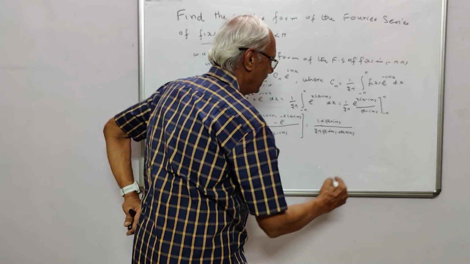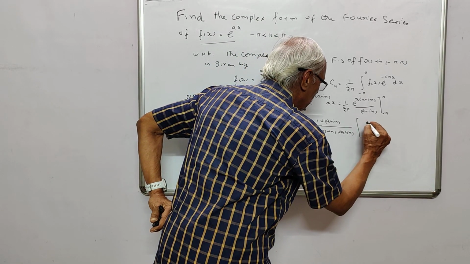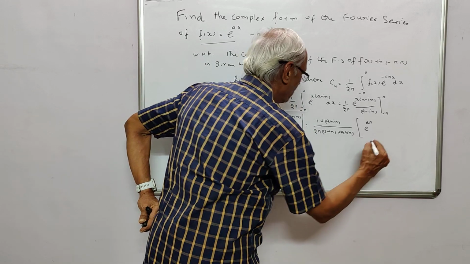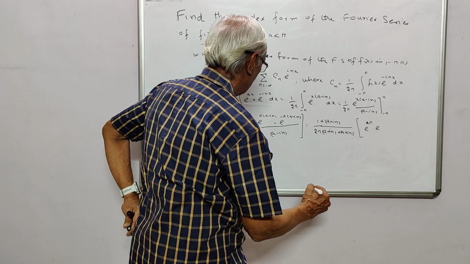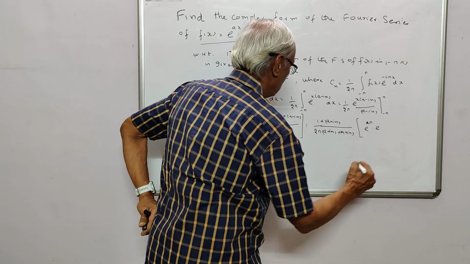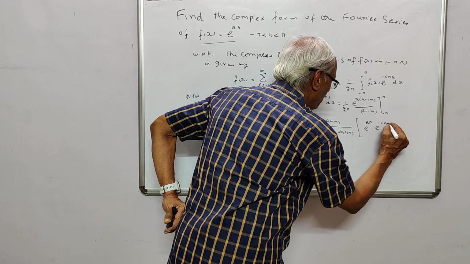This is what you will have, and then inside this you write it as e to the power of a pi into e to the power of minus i pi n.